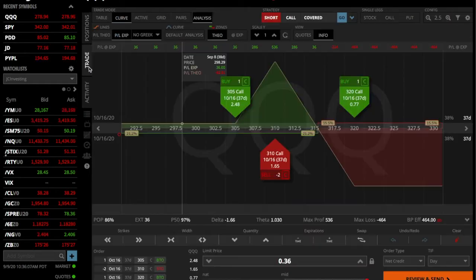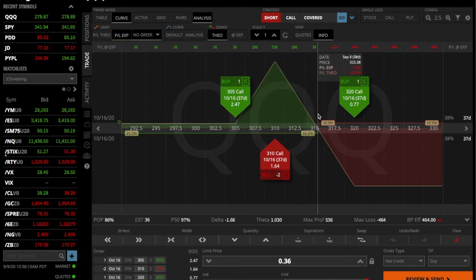Here's the risk profile. I'm looking at the trade tab. Anything below 315.50-ish, I'm going to stand to make money. QQQ had a big sell-off, so I think currently QQQ's down at like 279, and that is one of the reasons why we were able to take off all the risk on this trade.